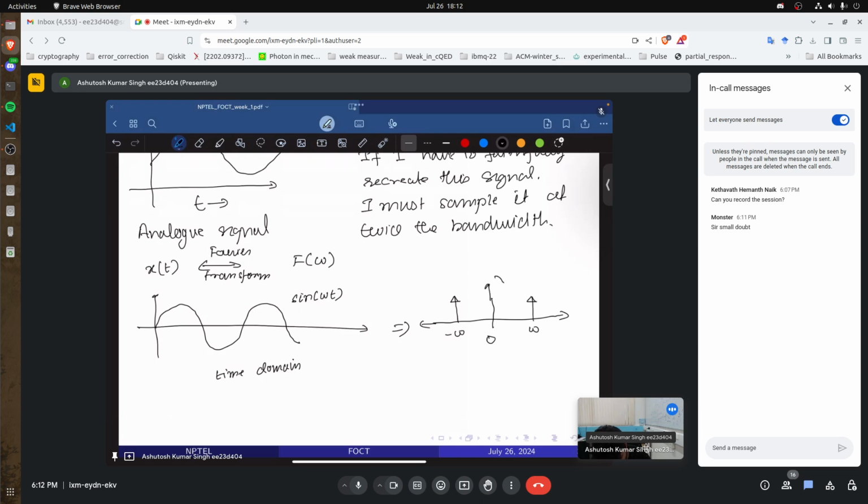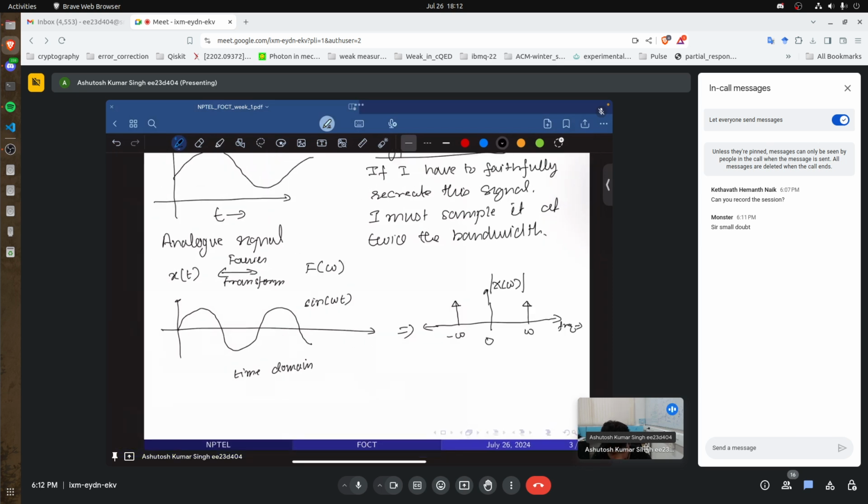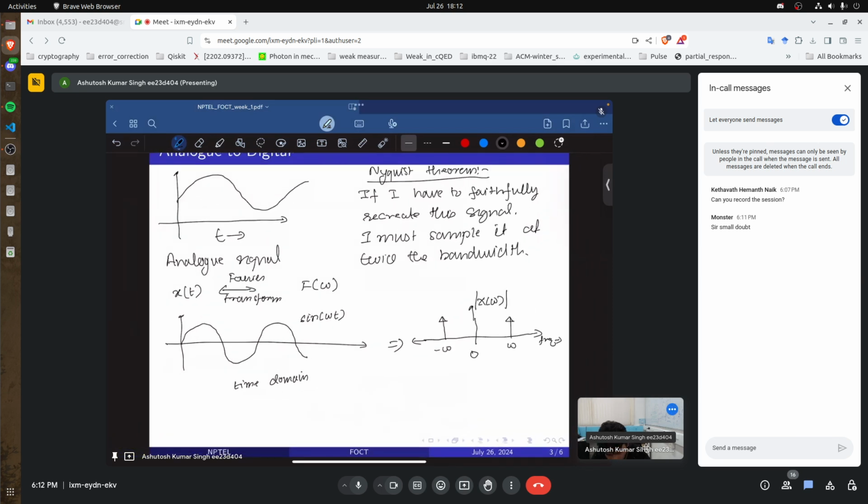This is your X of omega amplitude, and this axis is frequency. Now every signal in the time domain has a corresponding frequency spectrum.